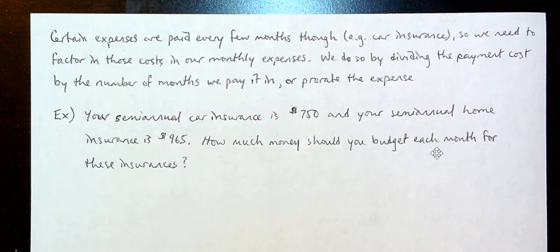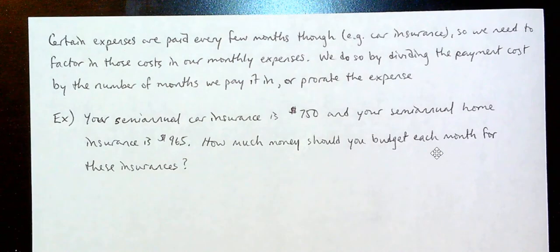So how do we factor those costs into the budget that we do each month? Well, it's very simple. All we do is take that cost that occurs, say, every 3 months or 6 months or every year, and we divide it by the number of months over which we wait to pay off that cost.